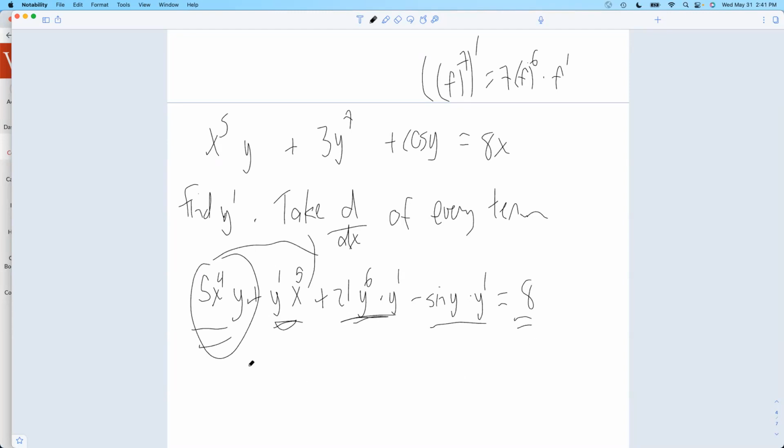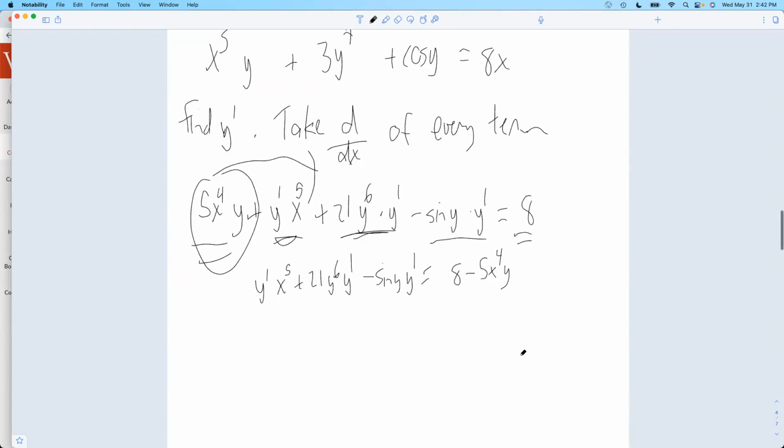He's already on the right. So I get y prime x to the 5th, plus 21 y to the 6th y prime, minus sine of y times y prime equals 8 minus 5x to the 4th times regular old y. He's not a y prime. He's a regular old y.